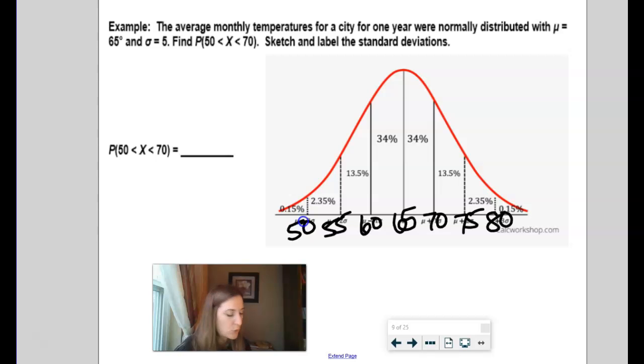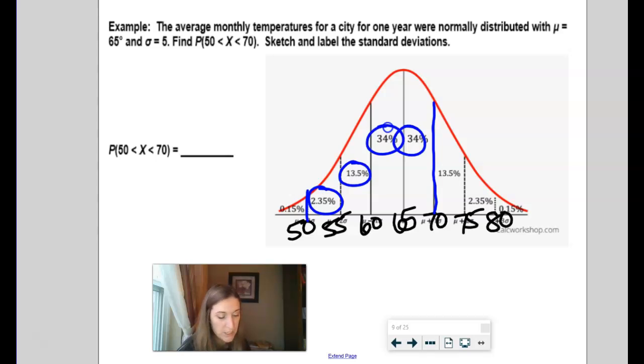Cool. So the question they have for you is, what's the probability, and that's all they want, between 50 and 70. So here's 50, and here's 70. You're just going to add up all the chunks. So 2.35 plus 13.5 plus, I'm just going to call that 68.